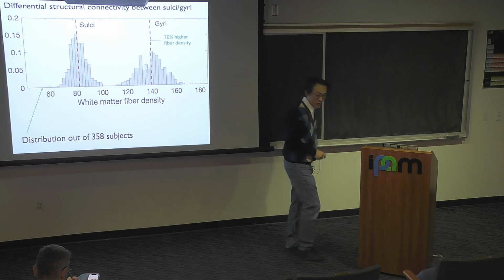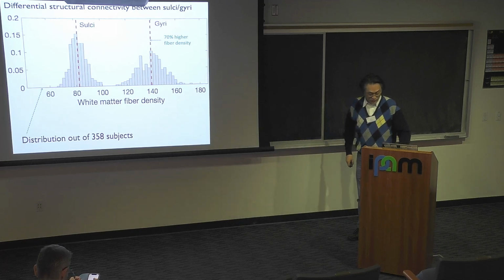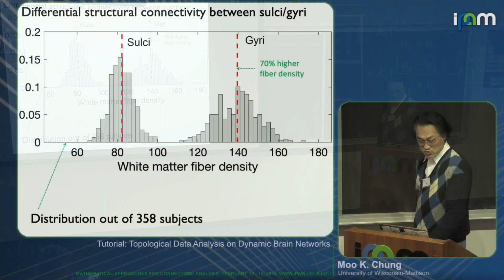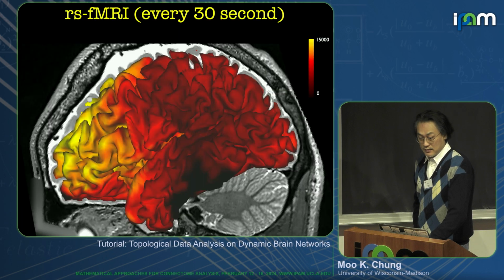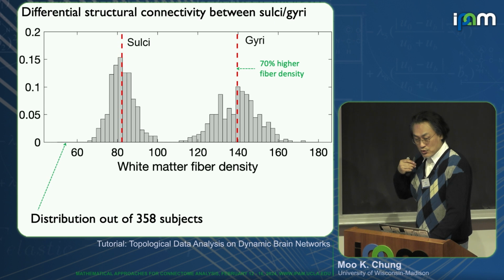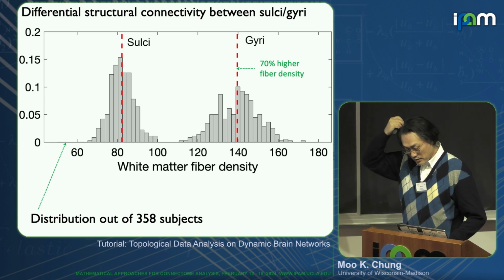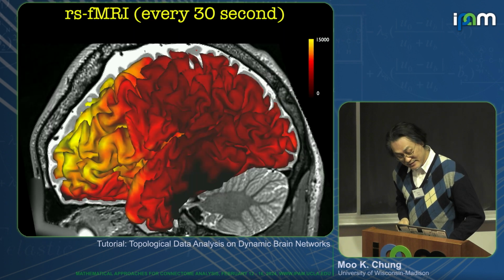I just wanted to reconfirm it, so we actually reconfirmed it. So there's nothing new. I don't think I can even publish this in a good journal because everybody knows it. It's a fact. So structural connectivity differs between whether it's in a mountain region of the brain or a valley region of the brain.